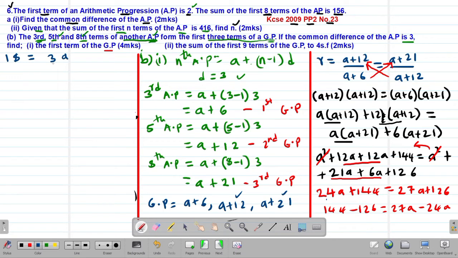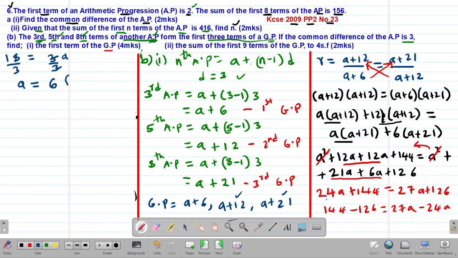So this is 3A. I divide through by 3, divide through by 3. So of course, we'll end up with the value of A being equal to positive 6. So A is positive 6. But the question did not ask us to find A.